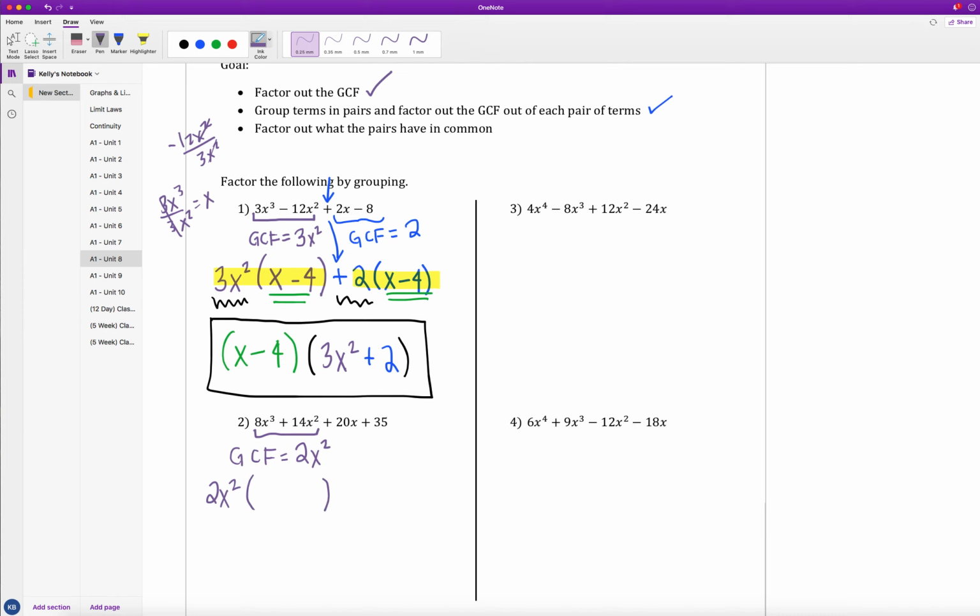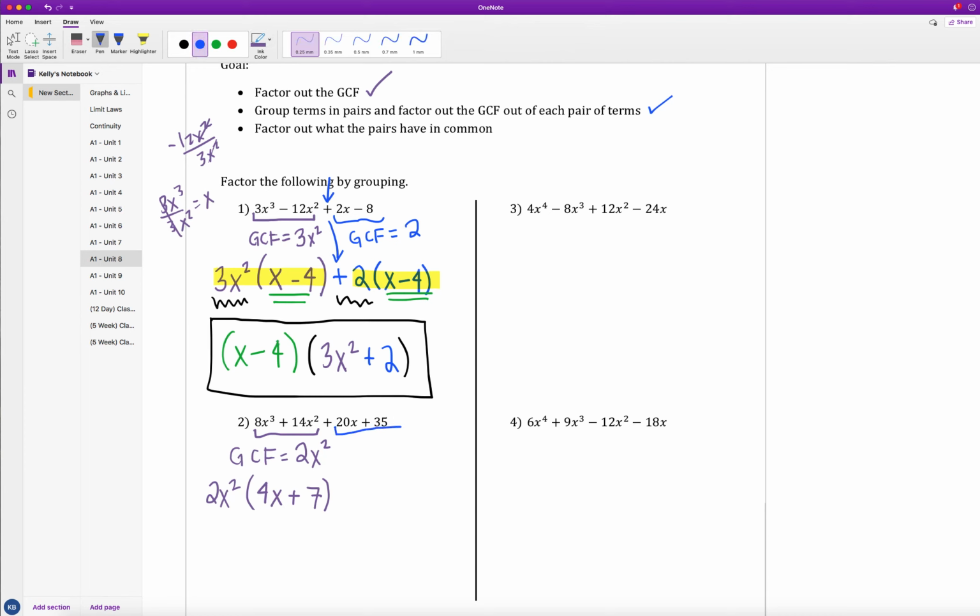What would be left over when we factor a 2x squared out of the 8x cubed plus 14x squared? We'll be left with a 4x plus 7, because 8 divided by 2 leaves me with 4, and I started with 3 x's and took 2 of them out, so I'm left with 1. And 14 divided by 2 leaves me with positive 7, and I started with 2 x's and took them both out.